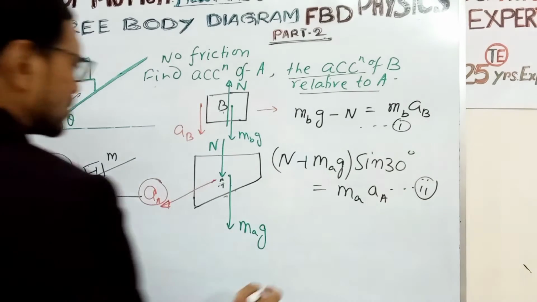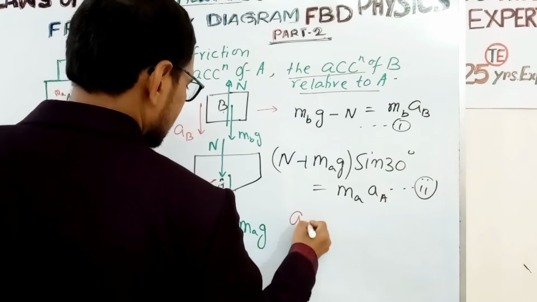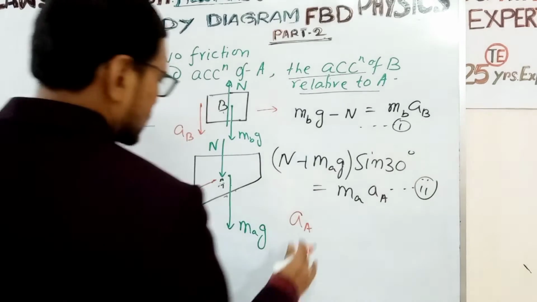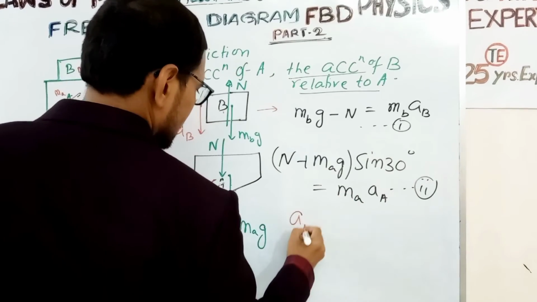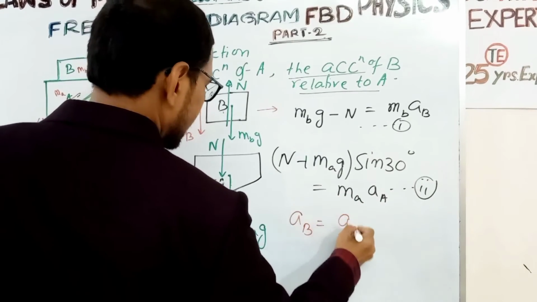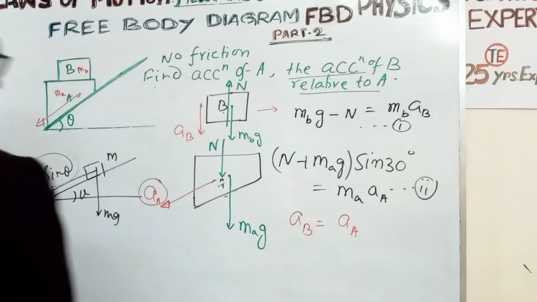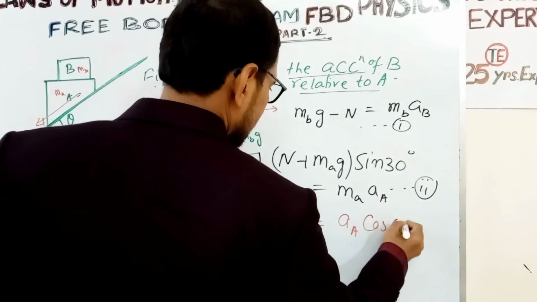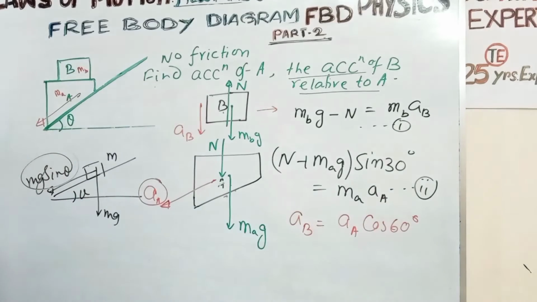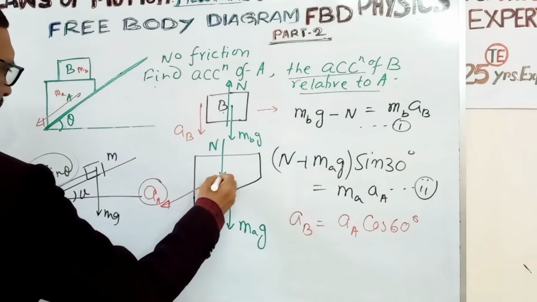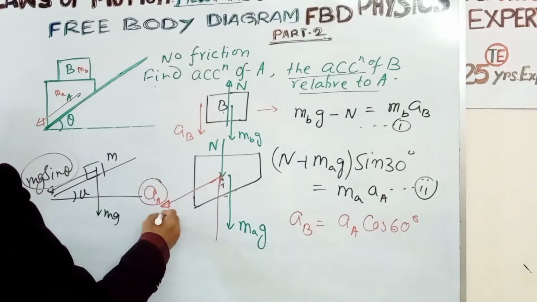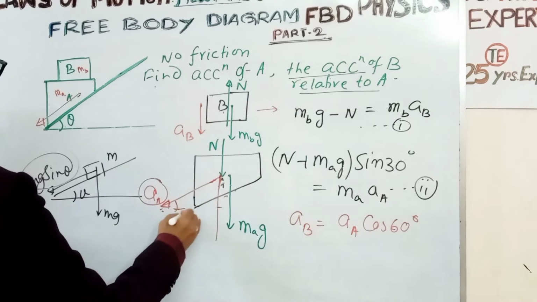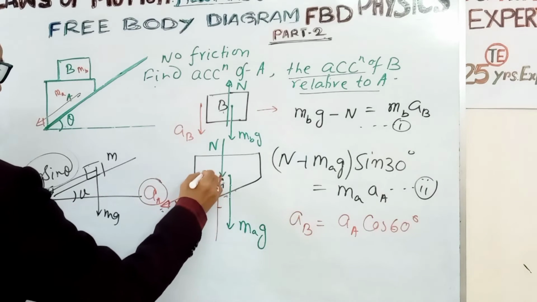So AB equal to AA cos 60 degree. This was 30 degree, this is 90 degree, so this angle is 60 degree.